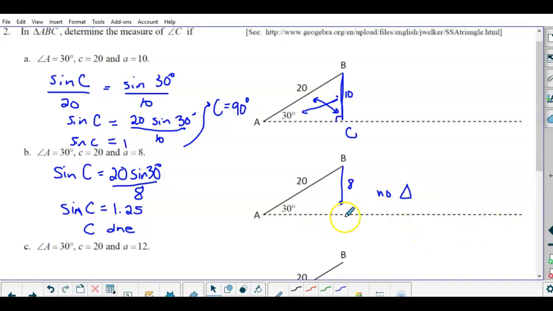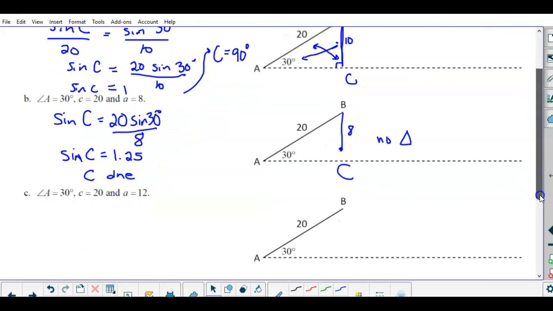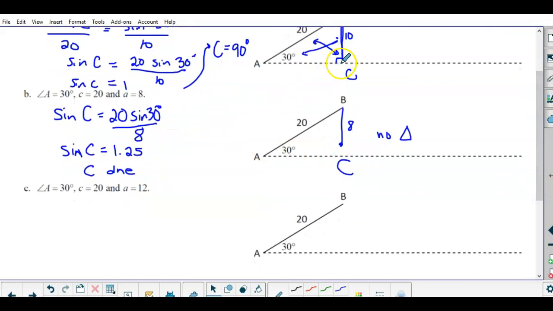Again, notice that the angle you were trying to find is opposite the longest side. Okay, so we had an answer of 90, no answer. Let's see what happens here. So now 12, so think about it, 12 is longer than 10.